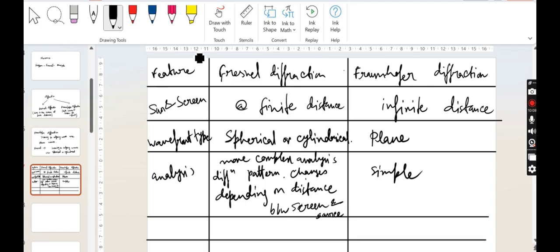The analysis of Fresnel is complex because you need to consider varying path differences and phase shifts from different parts of the wavefront, making the analysis more involved.